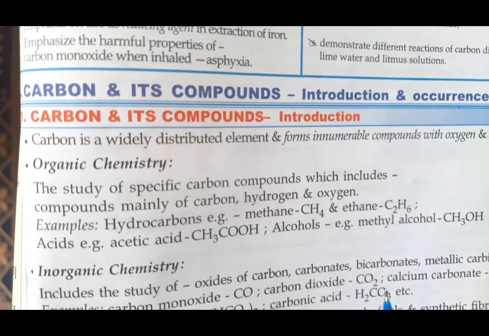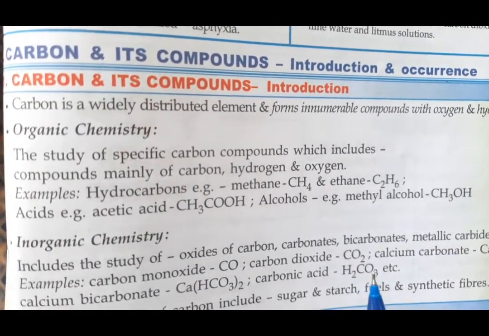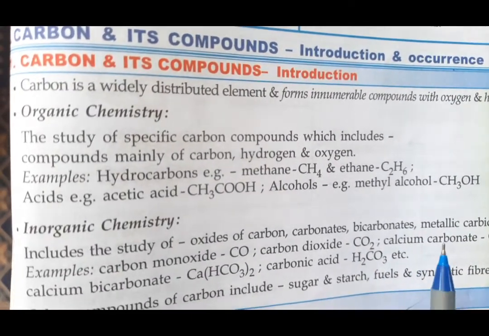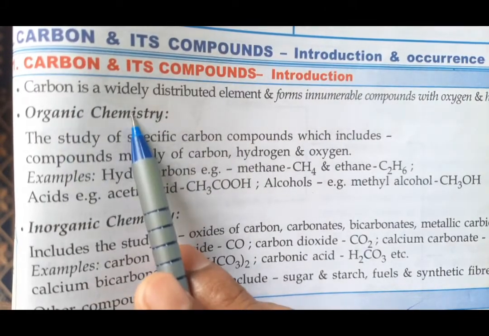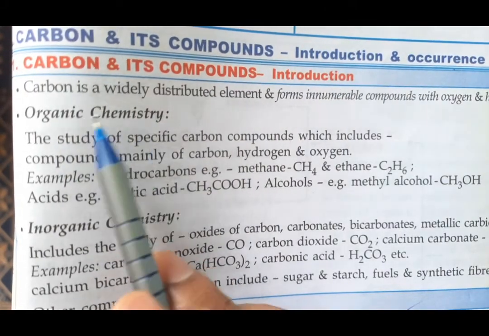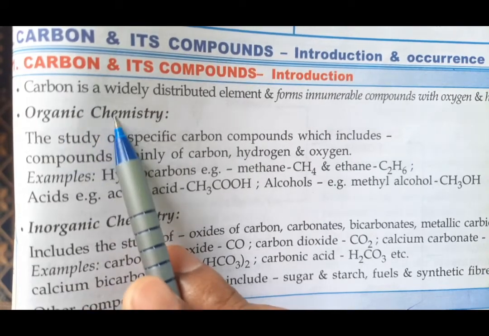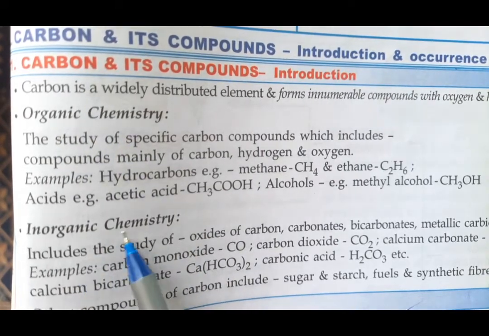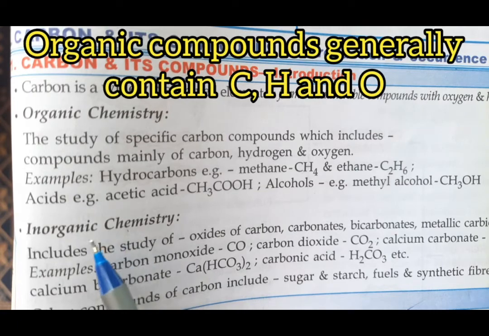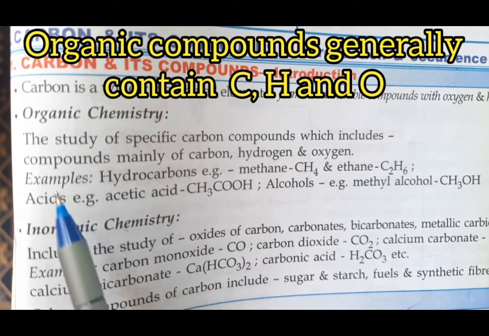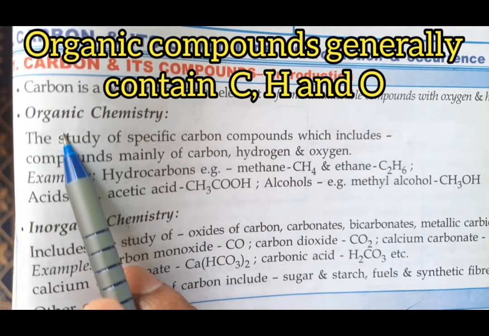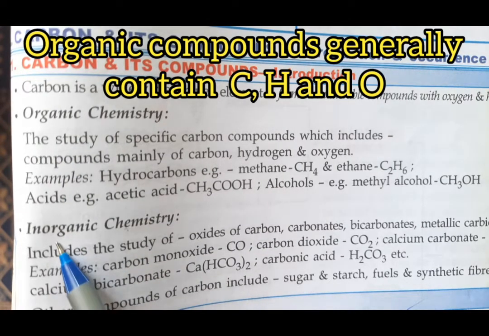Now do remember there are two kinds of compounds of carbon which we have to learn. One is called organic compound, which we learn under organic chemistry. It's a branch of chemistry where we discuss carbon compounds. The other is inorganic compounds, which we learn under inorganic chemistry.